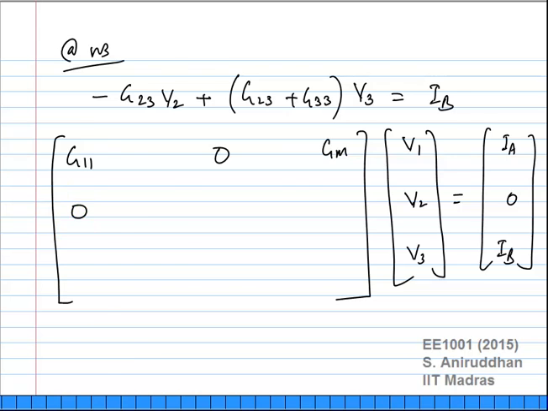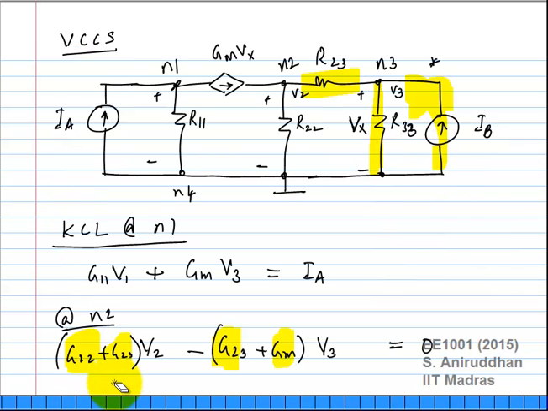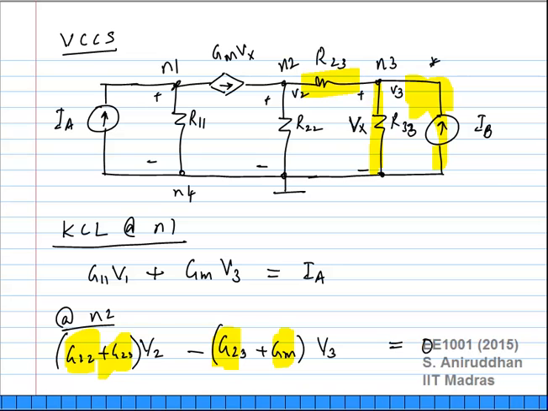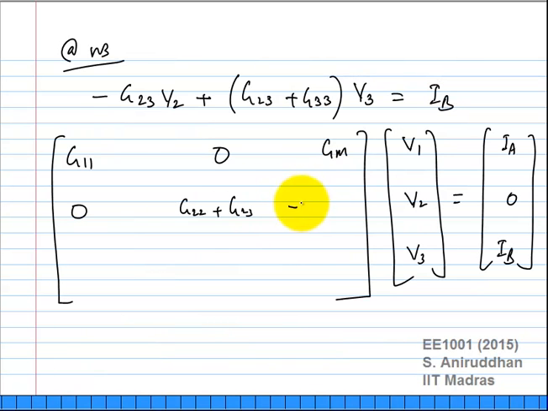Row 2 column 2 is G22 plus G23. What is row 2 column 3? It is minus G23 plus Gm. Correct. What is row 3 column 1? 0. Then minus G23.